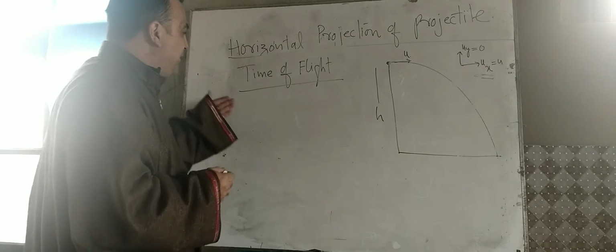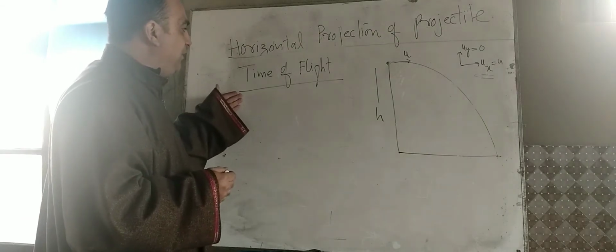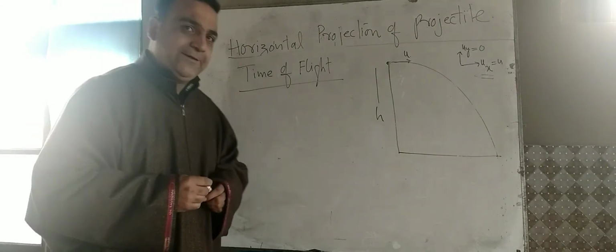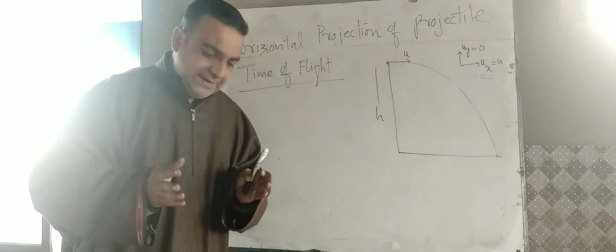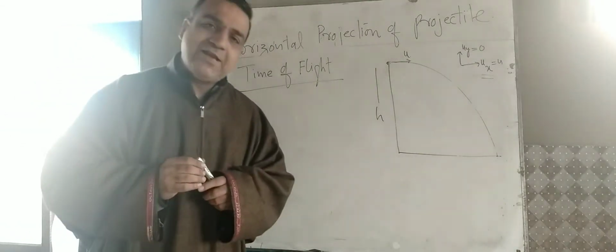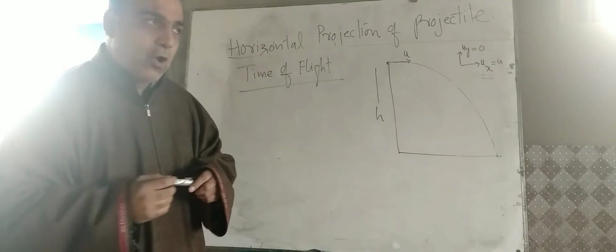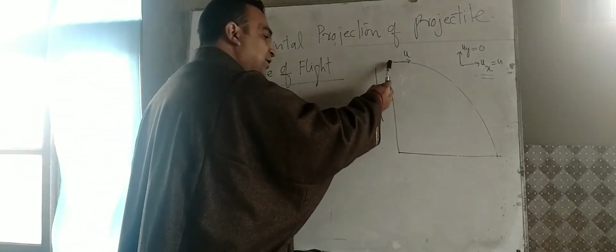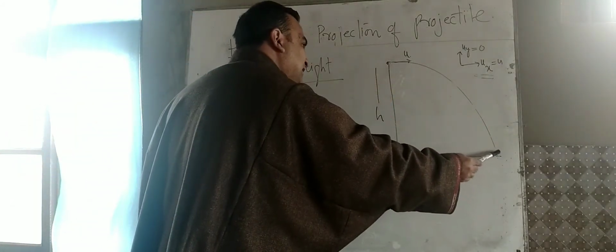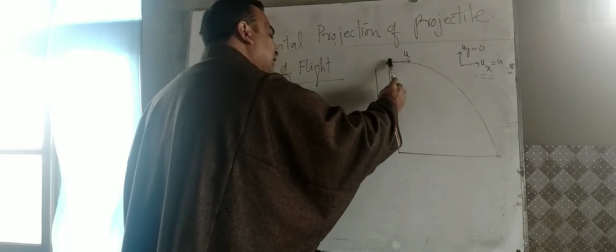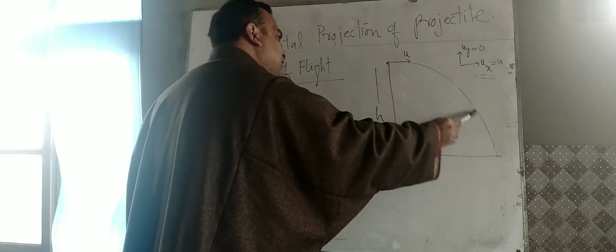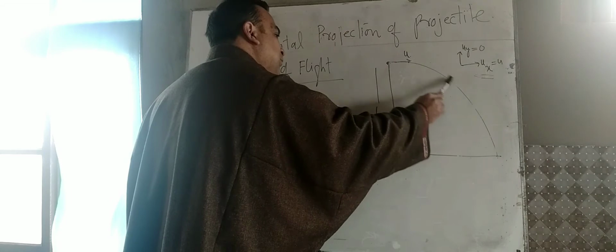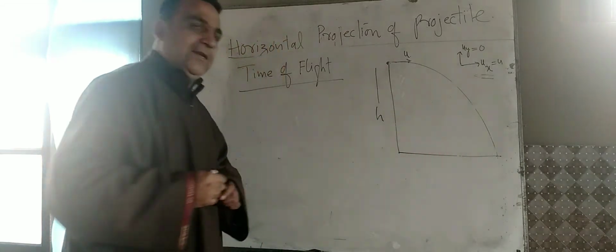Now, there is another important thing that we would like to evaluate, the time of flight. Time of flight means how much time this projectile will take to move from the point of projection to the point where it hits the ground. This total time refers to the time of flight of a projectile.